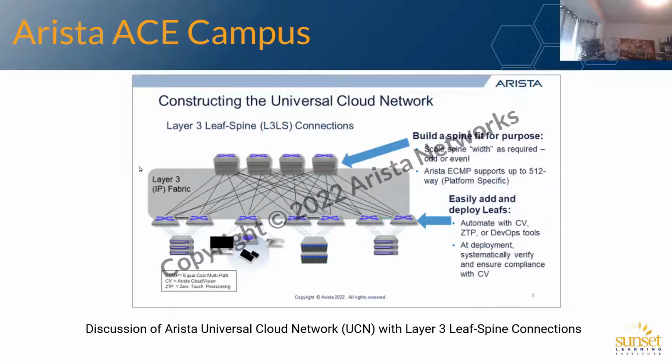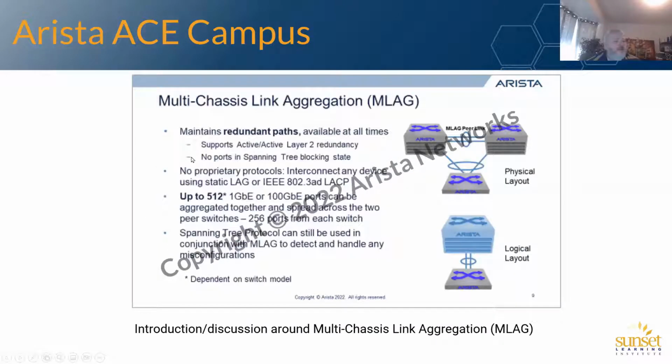So we have OSPF or BGP or ISIS, or even RIP if you choose to do so, or even static routes to help us make these paths through this layer 3 connected leaf spine network. All right. And we do talk about some other benefits when we're doing either L2LS or L3LS. Right. Another thing that we spend quite a bit, not a lot, but a significant amount of time on is something called Mlag, or multi-chassis link aggregation. All right. And if you're not familiar with this, other vendors have other terms for this.